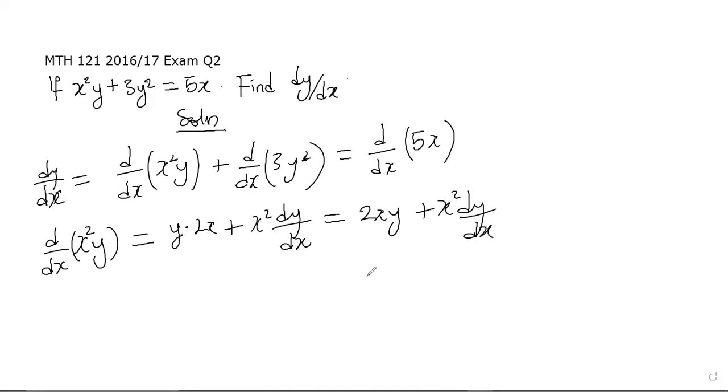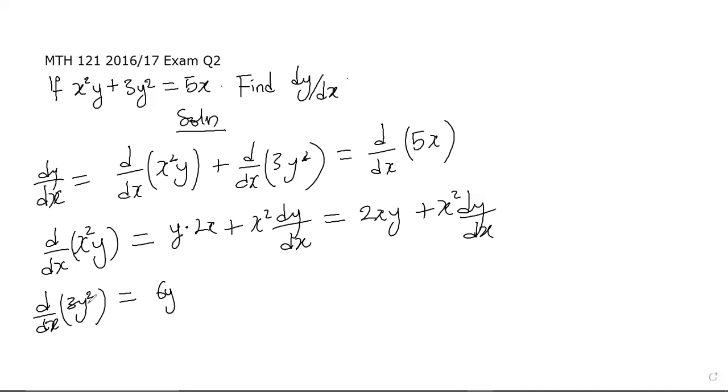Okay, like that. Now we differentiate the second term here, that is d/dx of 3y squared. That will be equal to, if you differentiate it as if you want to differentiate normal x, it should be 2 times 3, that would be 6, y to the power 2 minus 1, that's y raised to 1, 6y.